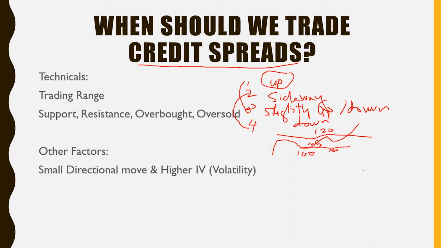And we almost guarantee to be profitable on that. The only time we lose money is with a directional move. Let's say we do a bull put here, but the stock goes in just one direction, going down, then we lose money. So we win on 3 scenarios and risk 1 scenario.